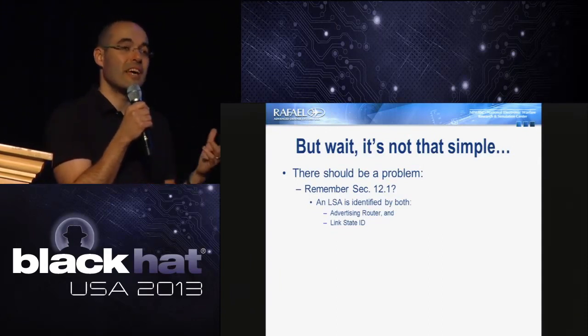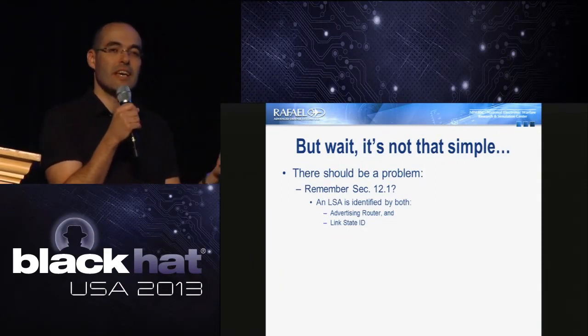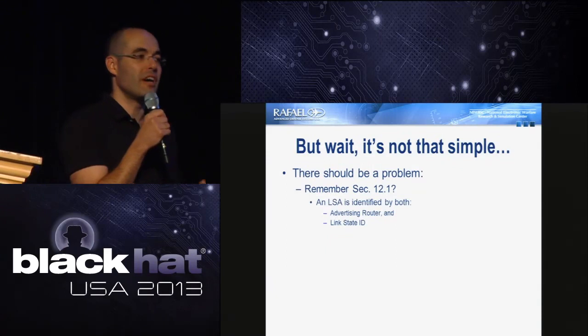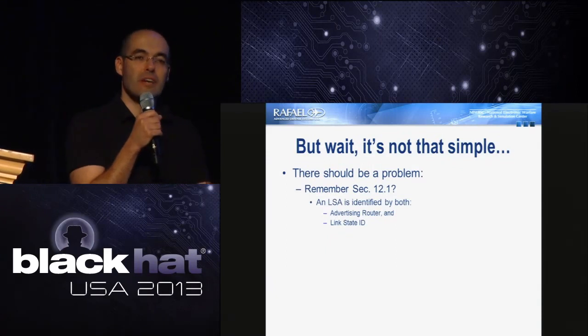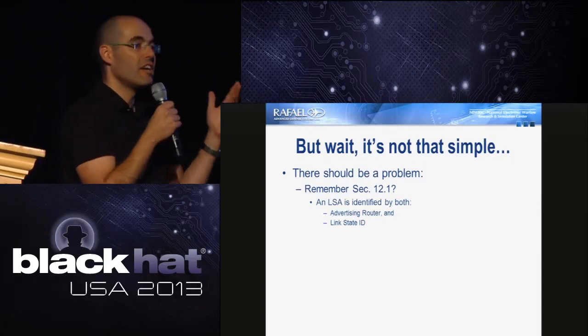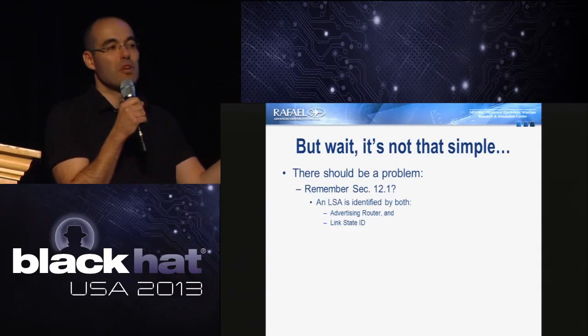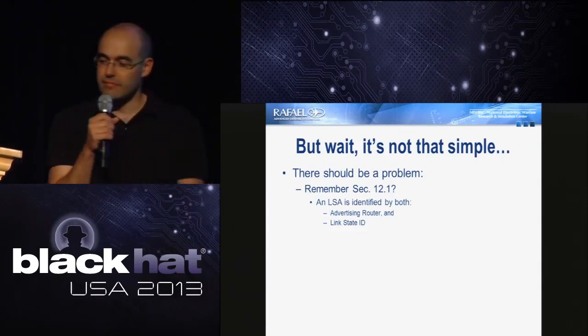So, indeed, the attacker managed to send out a false LSA, and we did manage to avoid the fight back, but it seems that the attack is futile because we have managed to falsify an LSA that does not really belong to the victim, because they have different identifiers.